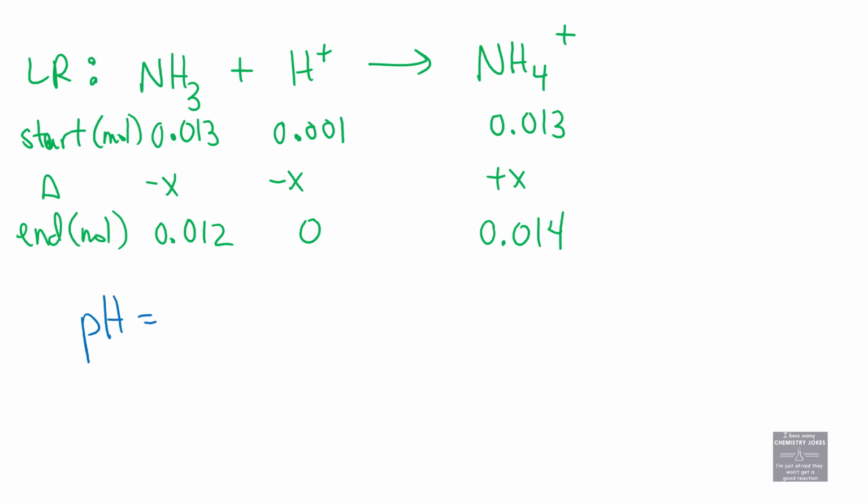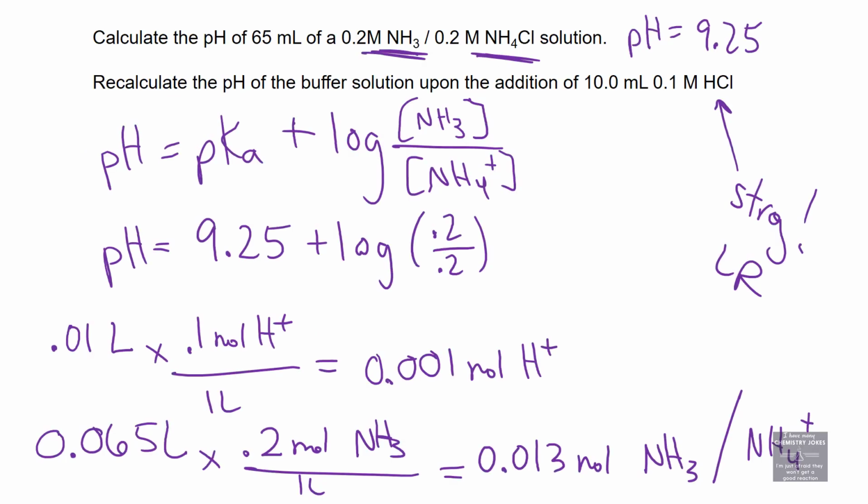Are you holding on? pH equals 9.25 plus the log of, we need to find the concentration of NH3 and NH4. Well, I have a shortcut for you. I would divide by my total volume, which is, I think it's 0.7. Let me go back.